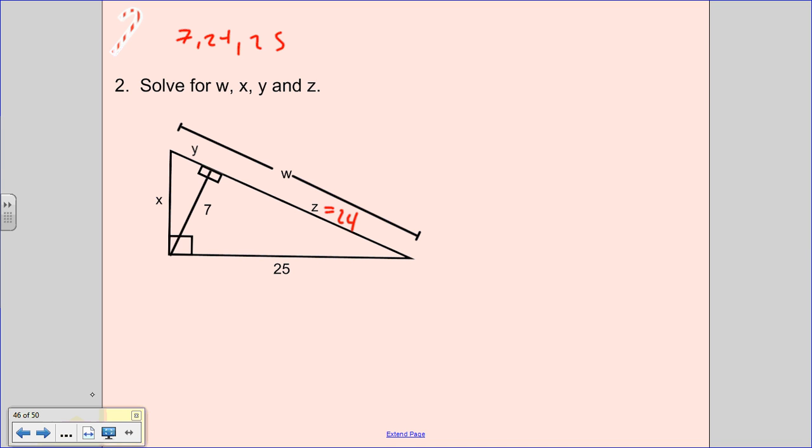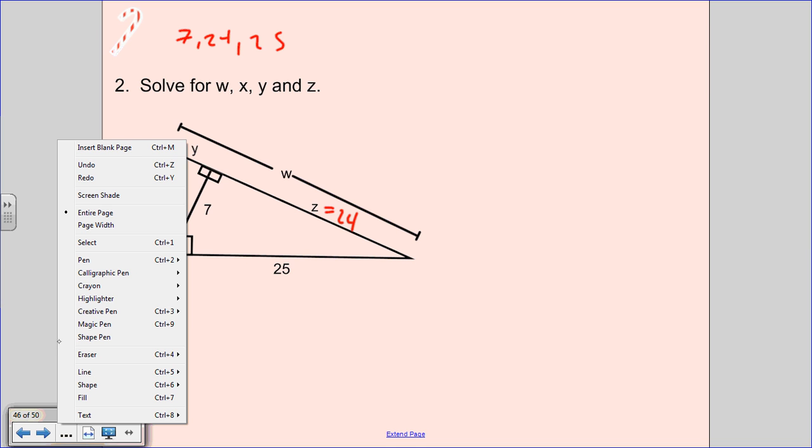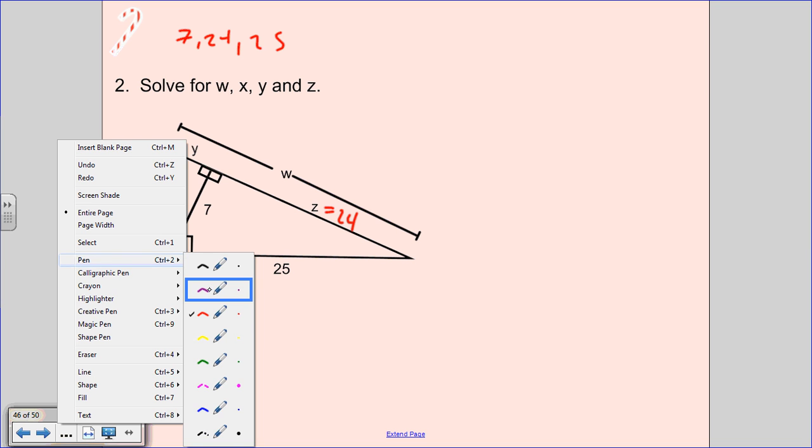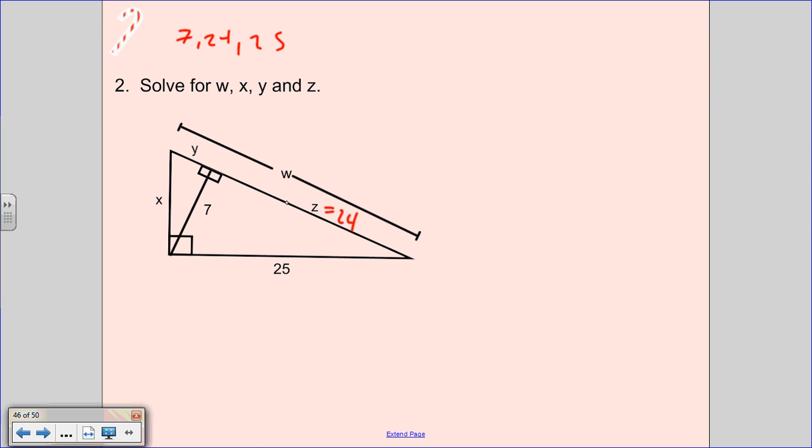So now that I know what z is, I can go through the middle to find y. So starting at z, go through the middle to 7.